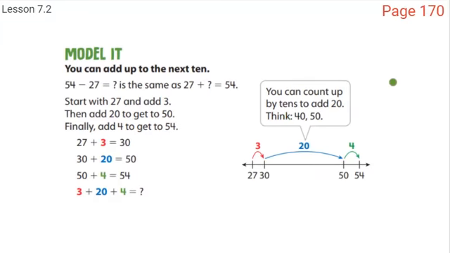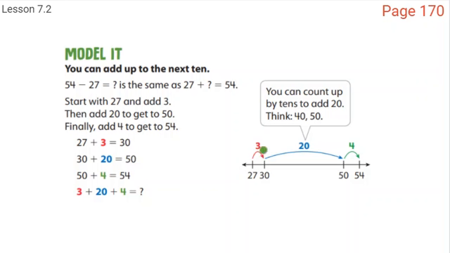Let's take a look at another way to model it. This is still on page 170. So you can add up to the next 10. Here again, 54 minus 27 is equal to something, which is the same as 27 plus something is equal to 54. We start with 27 on the number line, adding 3 to make that 30.